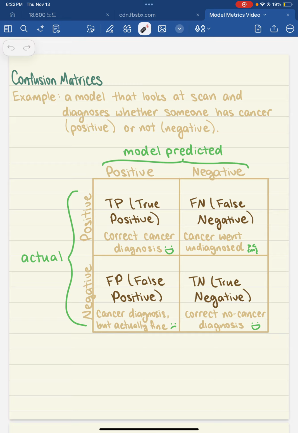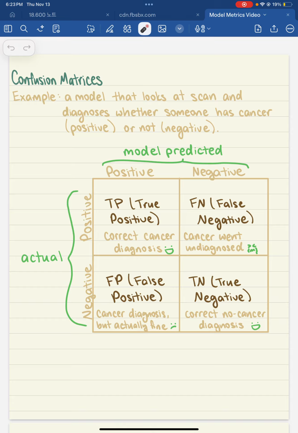Okay, so the basic idea is when you have a binary classification model, there are 4 different types of outputs you could have. In this example, we're going to be doing imaging data. It looks at an image from some kind of diagnosis scan, like a biopsy, and diagnoses whether the model thinks that someone has cancer or not.